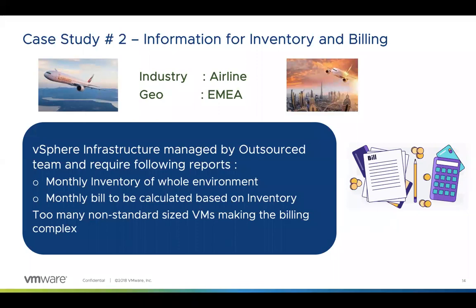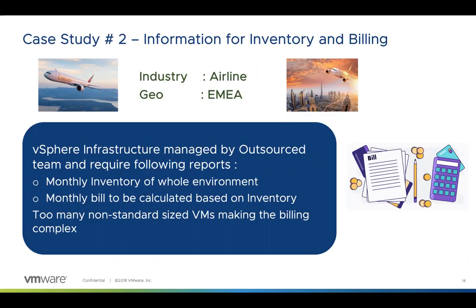Recently they moved to outsourced management, as managed services by a third-party company. Which means a third-party company will be managing their operations and vSphere infrastructure, and the customer would be paying based on the number and size of the resources they manage.